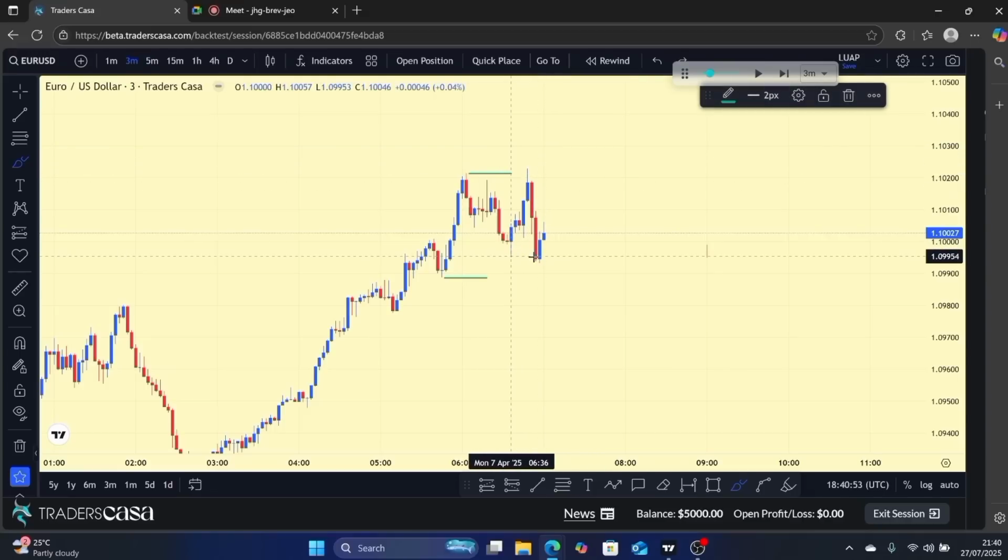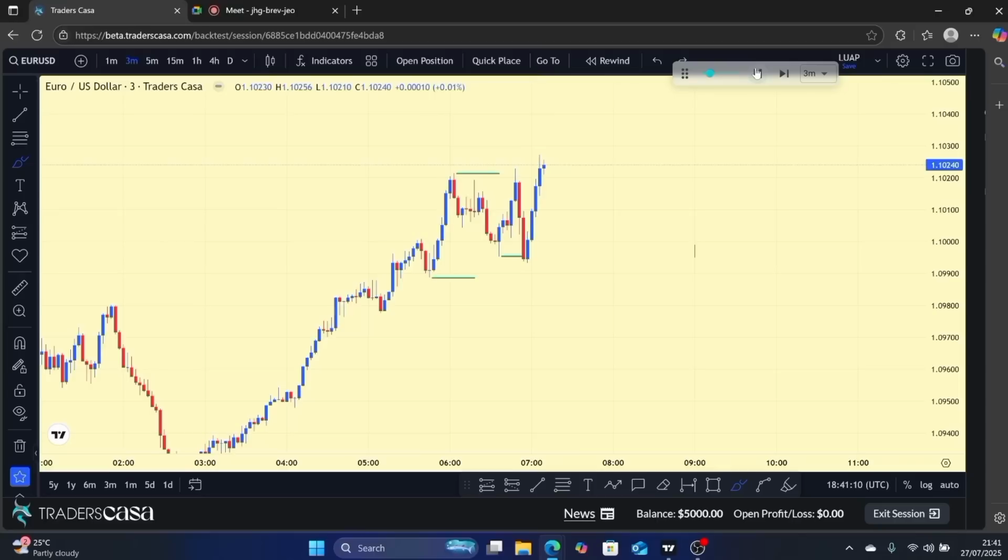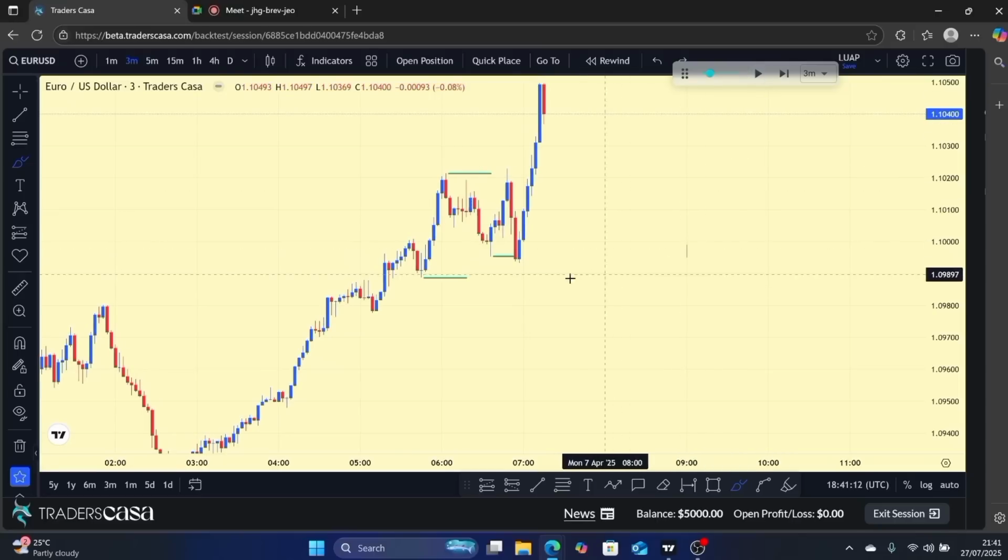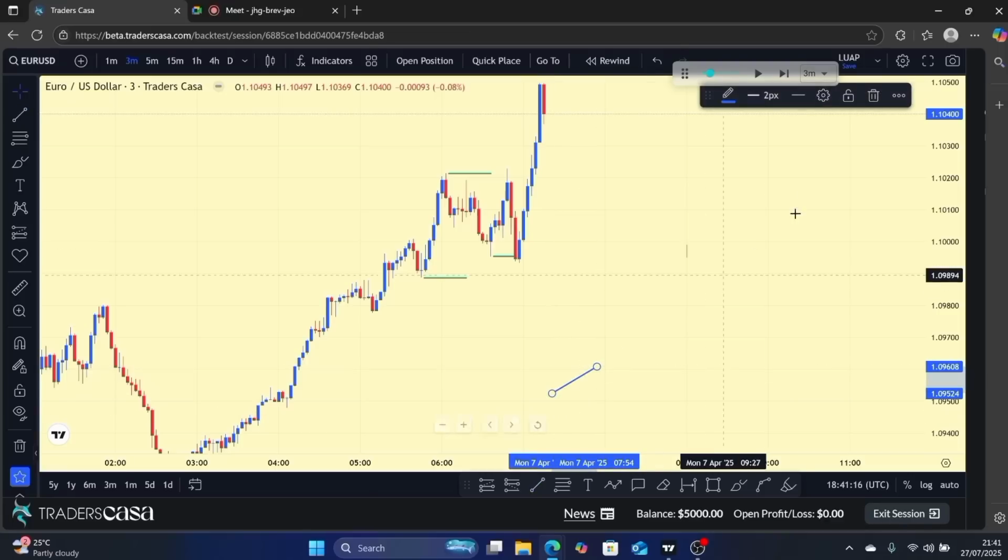But anyway, something interesting here, price made a change of character, and since this here is a sweep, we will need to wait for an inducement before I can actually make that perfect sell. So if price does not create an inducement, I will not make a sell here. And price didn't create that, so that explains why that sweep was not valid.